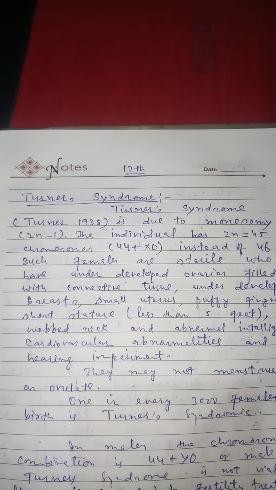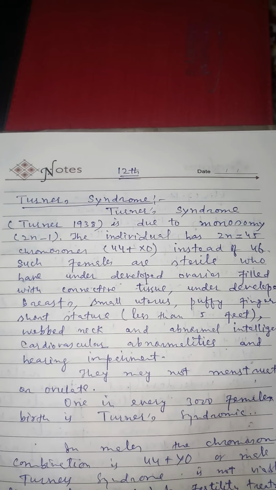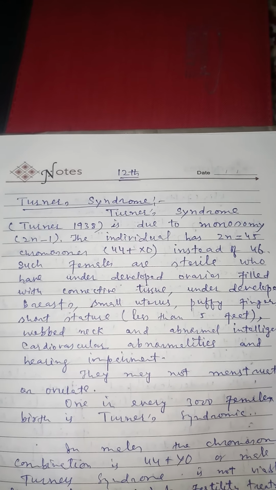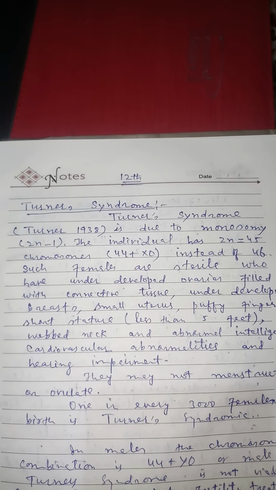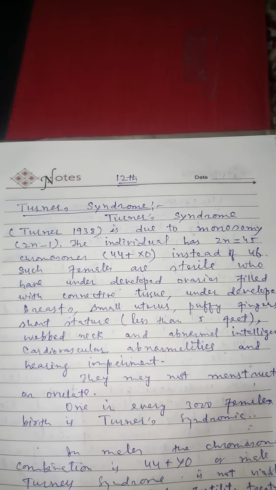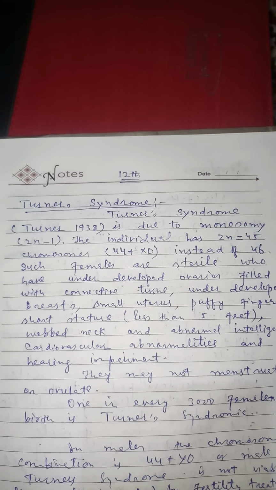That means they are not capable of producing eggs, and their ovaries remain filled with connective tissue. So they are sterile, they cannot give birth to their young ones like normal females.